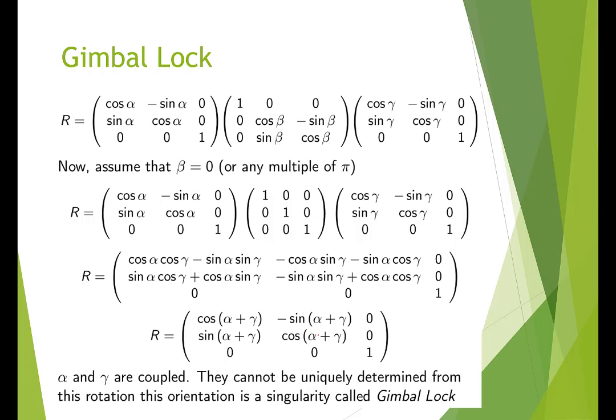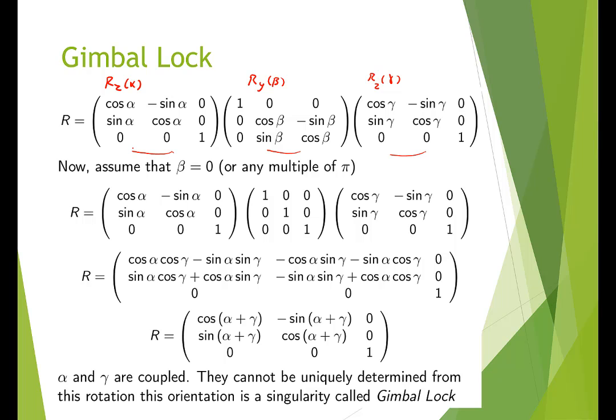Consider Euler angles: a z rotation, y rotation, z rotation. The rotation matrix is developed by multiplying the three elementary matrices. For a rotation around z, let's say by alpha, rotation around y by beta, times rotation around z by gamma. These are all our elementary matrices. This is how the Euler rotation matrix is developed.